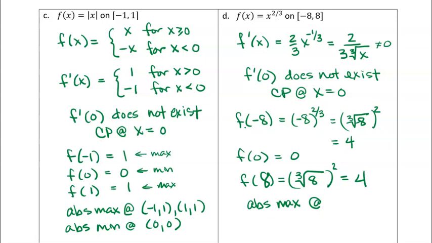So our absolute maxima are at -8, 4, and +8, 4. All right, and then our absolute minimum is at 0, 0.